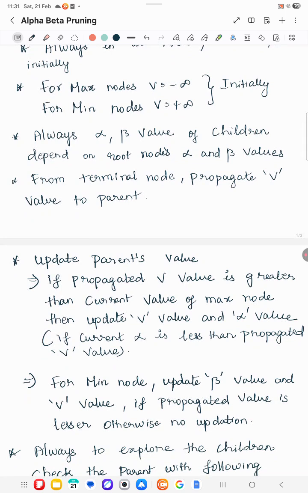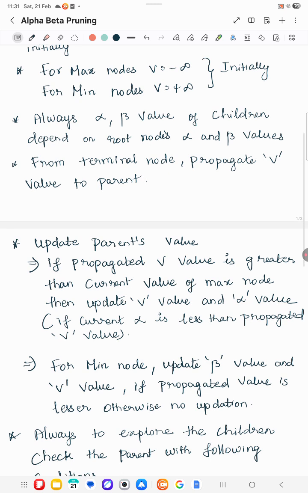If it is a max node, initially you assign v equal to minus infinity, alpha equal to minus infinity and beta equal to plus infinity. If it is a min node, initially you assign v equal to plus infinity, alpha equal to minus infinity and beta equal to plus infinity.